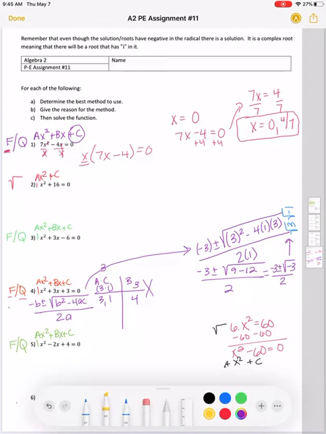And hopefully we all remember that the square root of negative 1 is i. It's the imaginary unit. So your final answer on this becomes negative 3 plus or minus radical 3i all over 2. That is your final kind of ugly answer for that one.